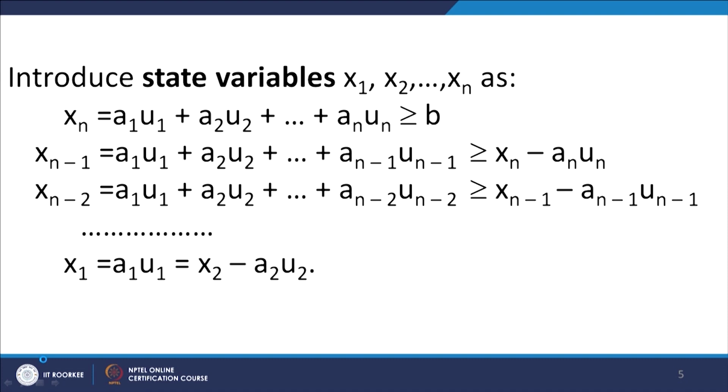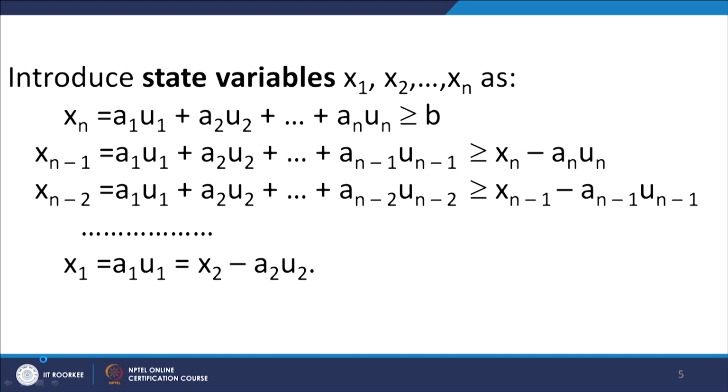Then we will define x(n-1) as a1 u1 plus a2 u2 plus up to a(n-1) u(n-1), which is greater than or equal to xn minus an un. This xn we have taken from the first equation. And like this we will go backwards, and finally we will define x1 to be a1 u1, which is equal to x2 minus a2 u2.